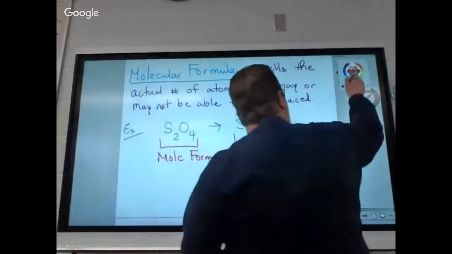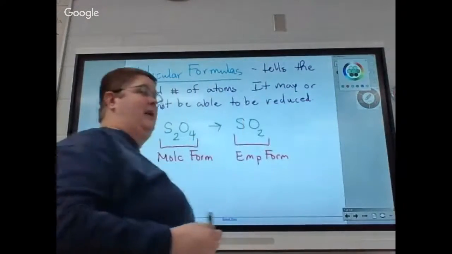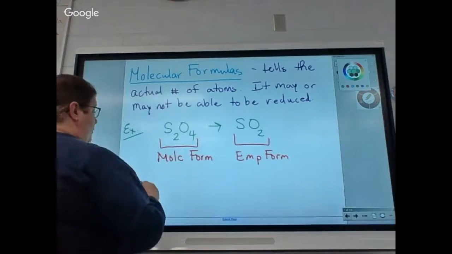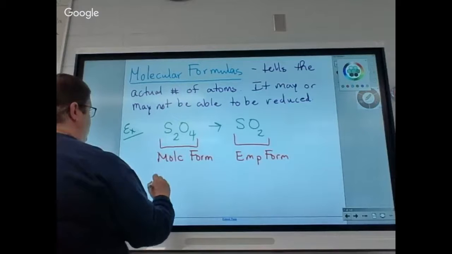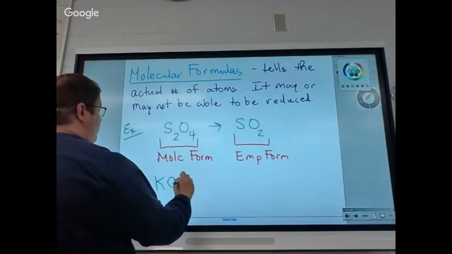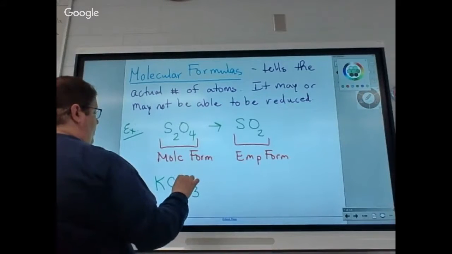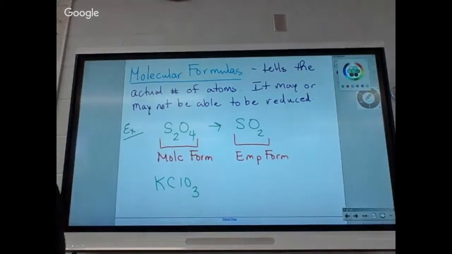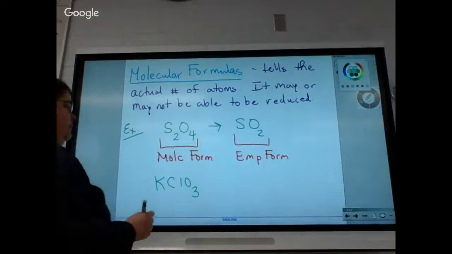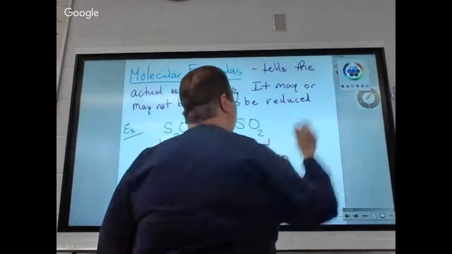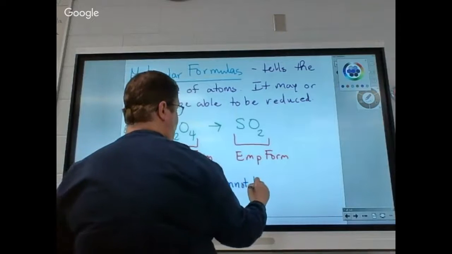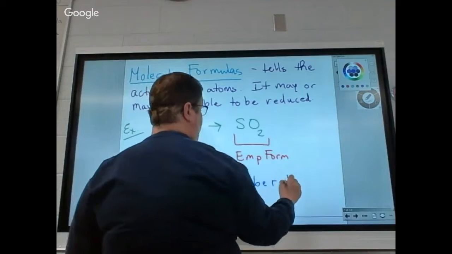But suppose you have that same example or something very similar with something like KClO3. Can this be reduced? No, okay? This cannot be reduced.